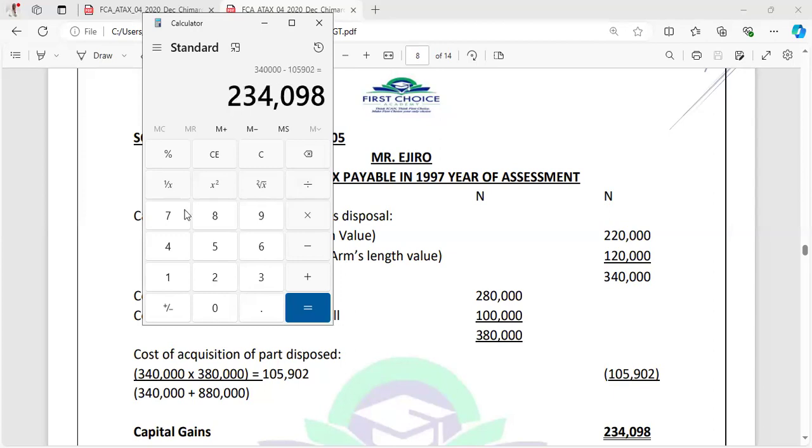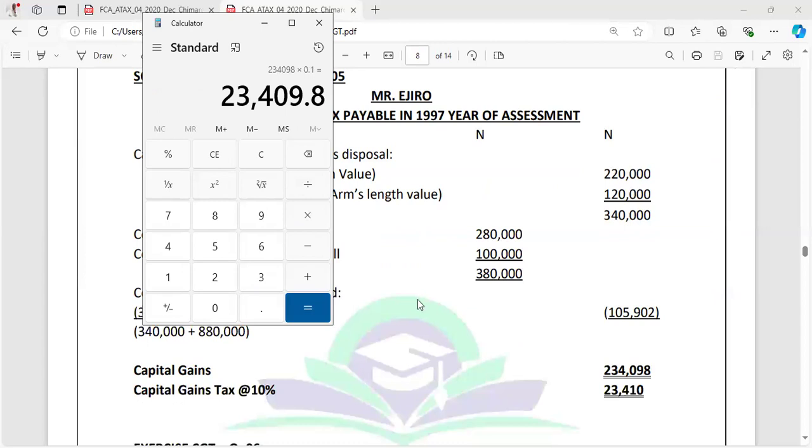You have 234,098. That becomes your capital gains tax. And when you multiply by 0.1, you have 23,410 when you round them off. And so that becomes your capital gains.